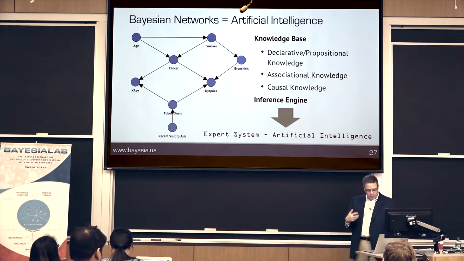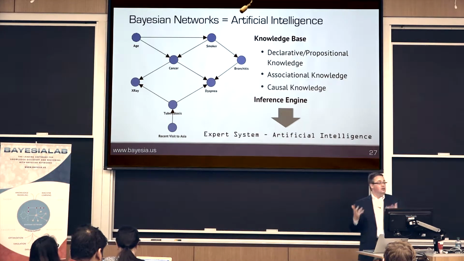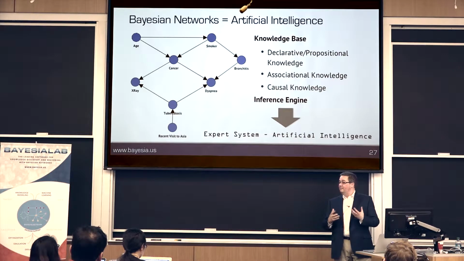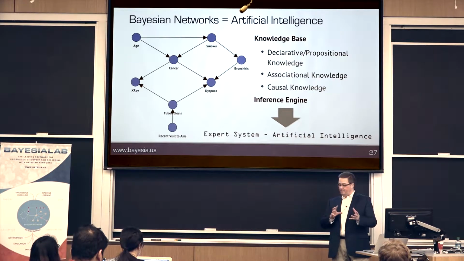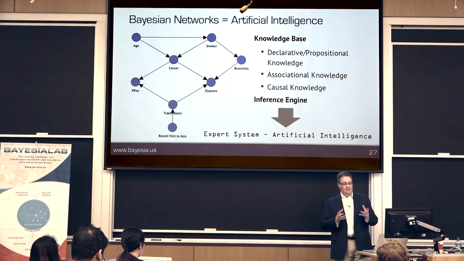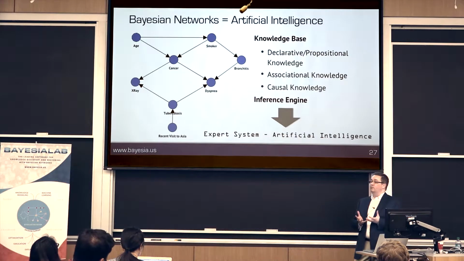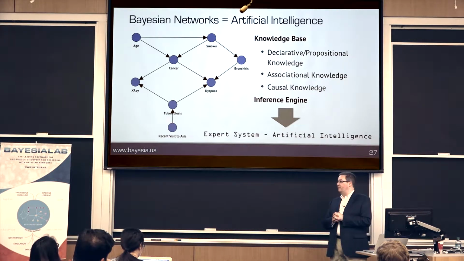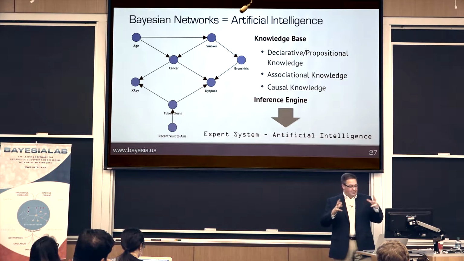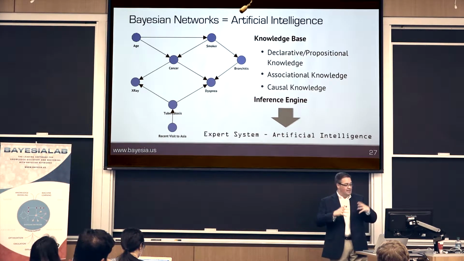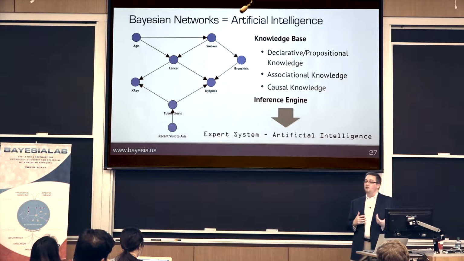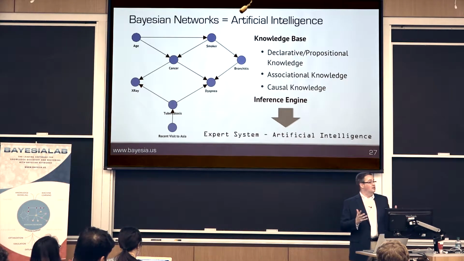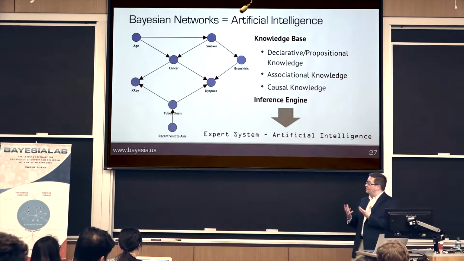So with that, we do have a knowledge base. Additionally, with the inference algorithms that, for instance, Professor Judea Pearl invented, a Bayesian network is an inference engine. So between the knowledge base and the inference engine, we really have a type of artificial intelligence. We have an expert system that we can query.